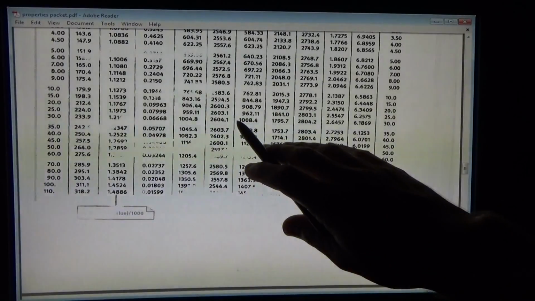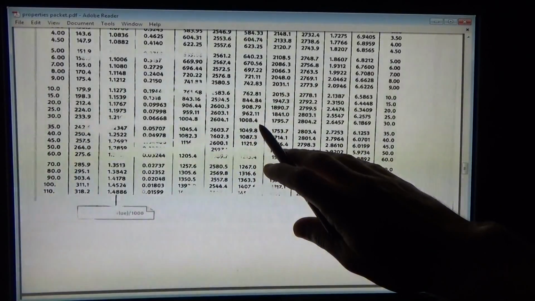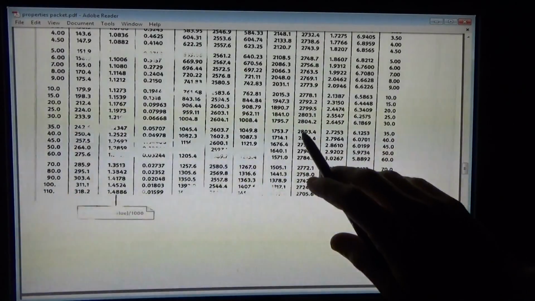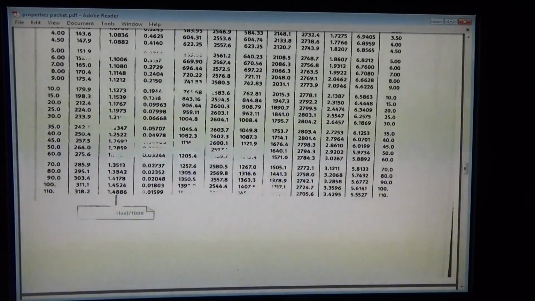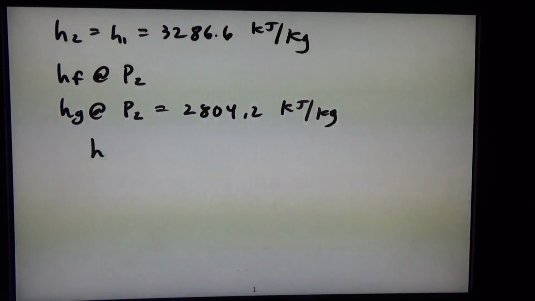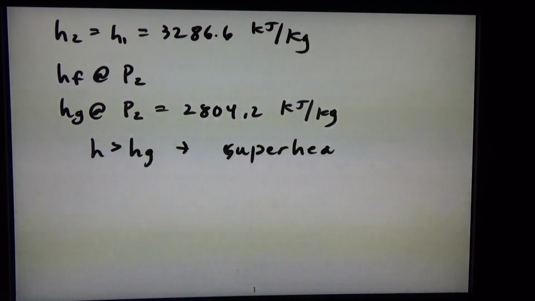Our value of H sub F is 1008, H sub G is 2804. So we're bigger than H sub G, 2804, meaning that state 2 is still in the superheated phase.